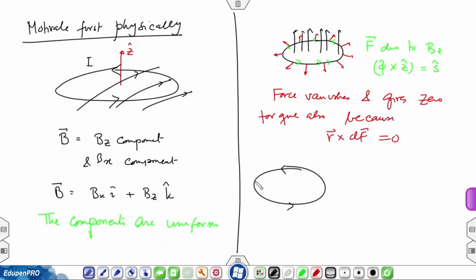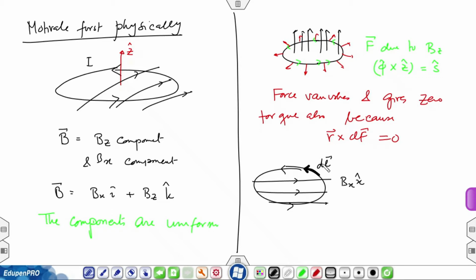This is I, and there is this uniform field B in the x direction. Let me consider a small element of current like we did in the force calculation, and this is dl.